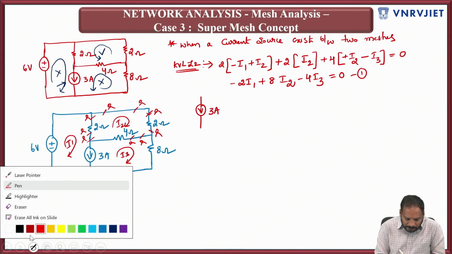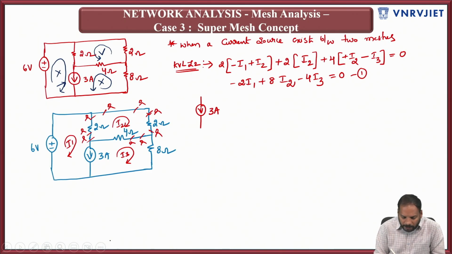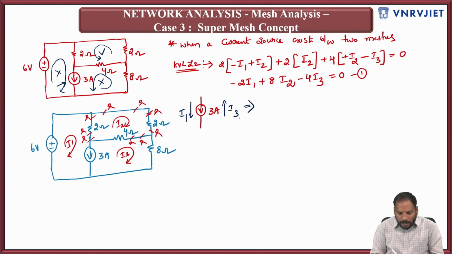To represent this current in terms of loop currents, I1 is coming down and I3 is going up. So I can represent 3 amperes in terms of I1 and I3: I1 minus I3 is equal to 3 amperes.